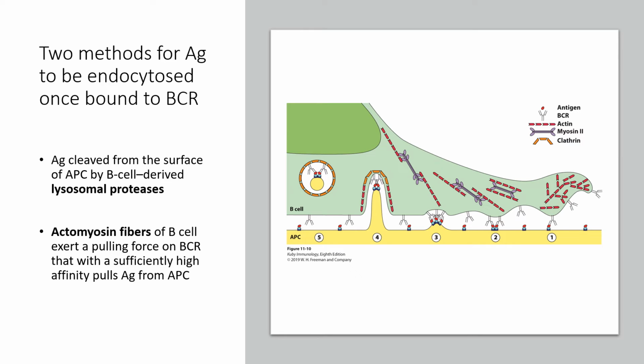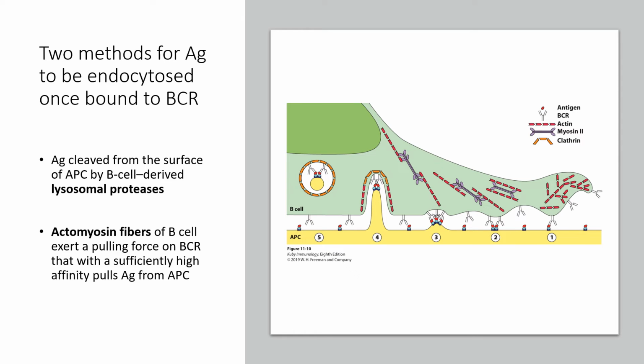But you can see some of the cytoskeleton molecules, actin and myosin, that actually attach to the B cell receptors and help to pull those antigen-presenting cell MHC and antigen complexes. Remember, if we're talking about the follicular dendritic cells, their surfaces are studded with those antigen-antibody complexes anyway. So they've got plenty to spare.